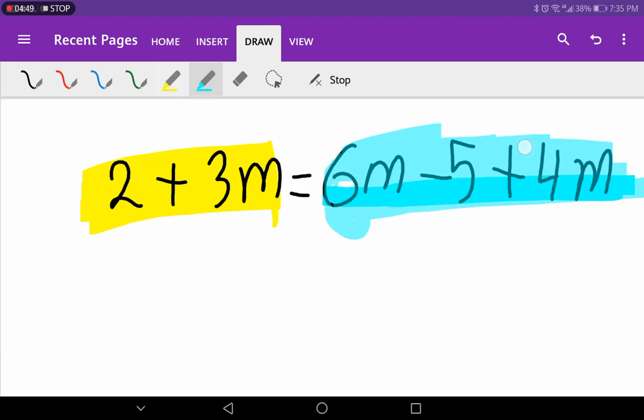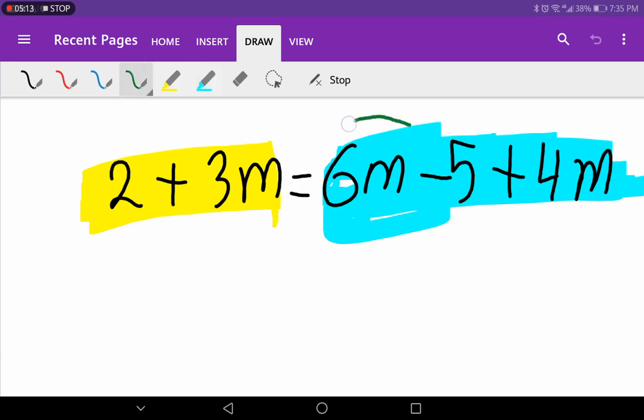Actually, in the left side and the right side, I have letters. So you have to collect the variables or the letters in one side. But here, before we move from side to side, we have to check if we have any like terms.